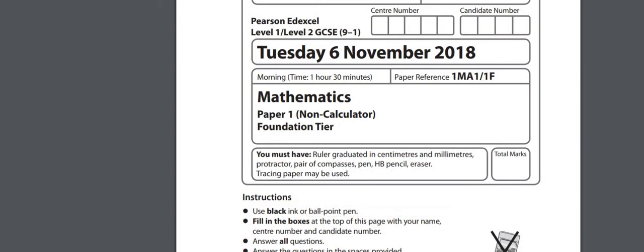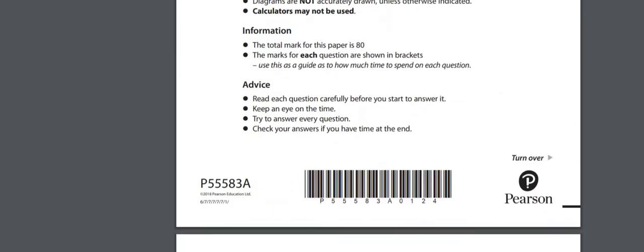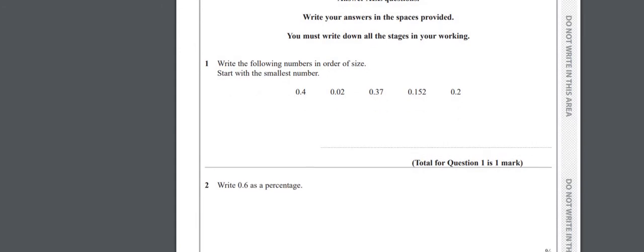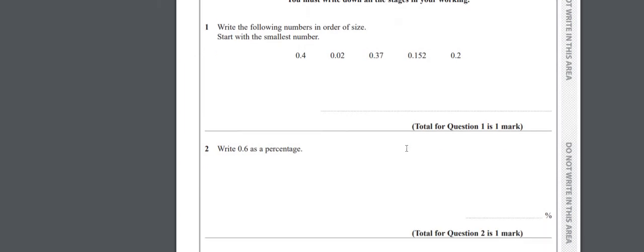Here I'm going to show you paper 1 in this video. The first question is putting decimals into order, and you learn this in years 2, 3, 4, 5, 6, 7. You do this again and again, and you know how to do this question. The second question is percentages.